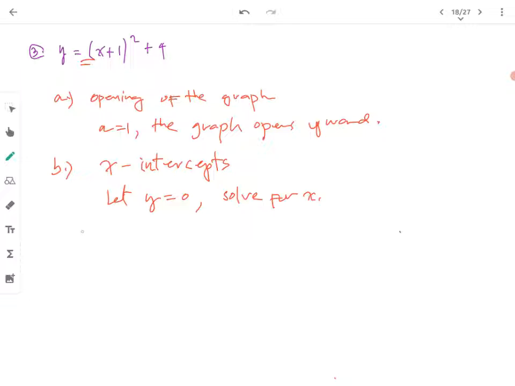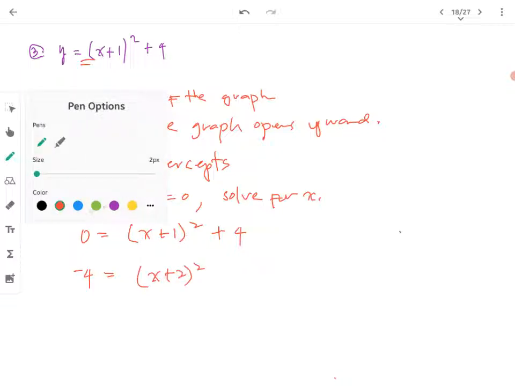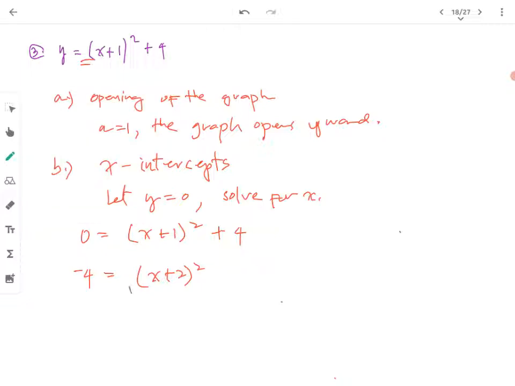So here we can say 0 equals (x plus 1) squared plus 4. Take away positive 4, it becomes negative 4 equals (x plus 1) squared. Look at this, this is what I want to point out. If we take the square root of that, we cannot have a square root of negative 4, right? So that is not a real number.